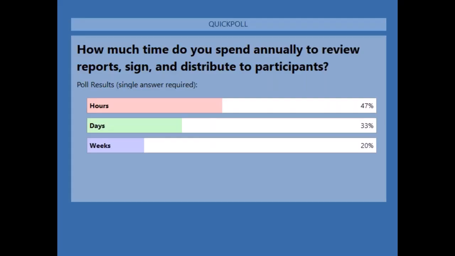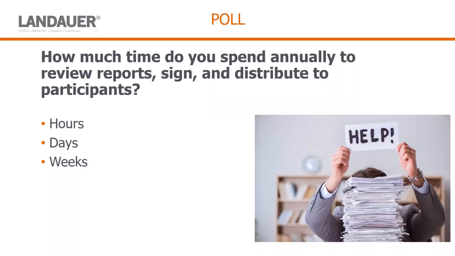We have 47% hours, 33% days, and 20% weeks. All right, thank you, Dan. Thanks everyone for participating in that. That's very helpful. I'm guessing the extent of how much time you spend on that's directly related to the amount of participants that you're managing, whether it's tens, hundreds, or thousands.